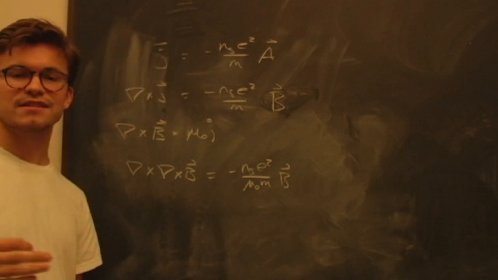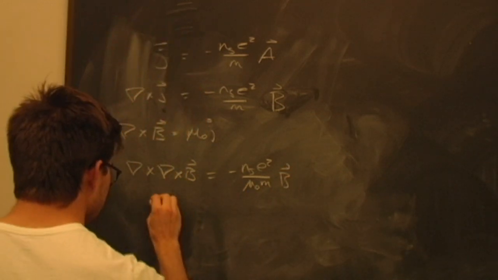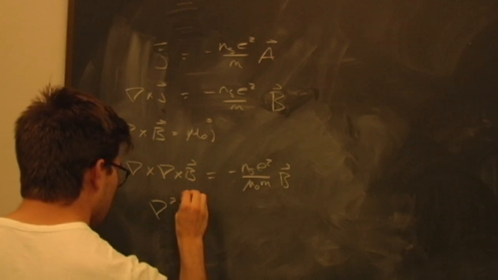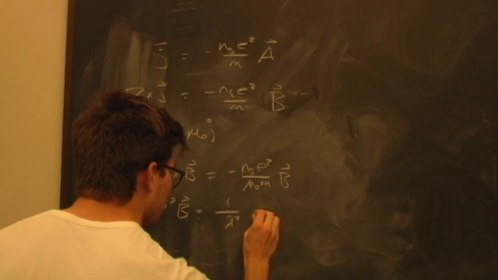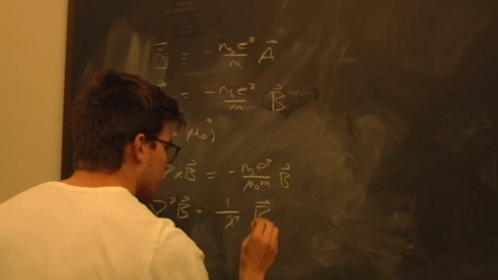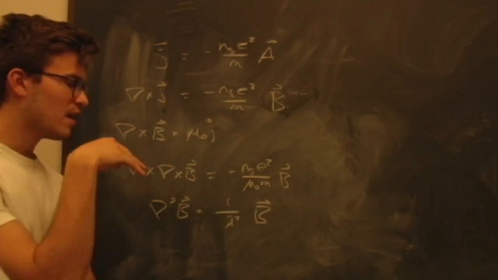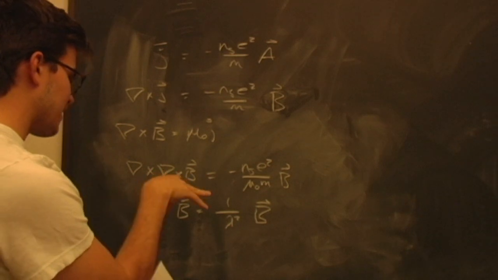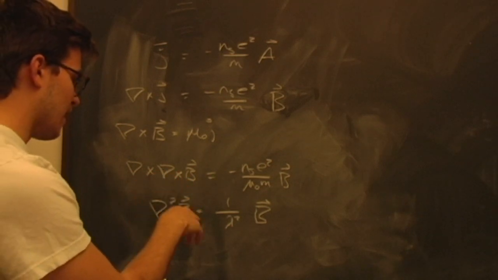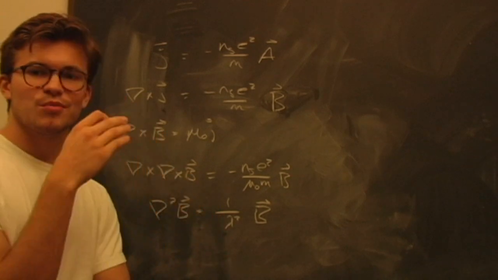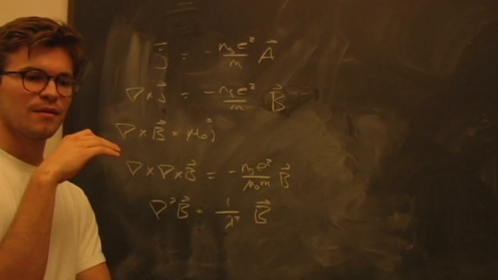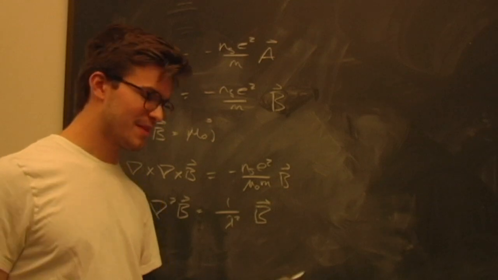So now we're just looking at a differential equation once we clean this up. This is just a differential equation for the magnetic field in the superconductor. We have this new variable, lambda squared, which is pretty important. It's the London penetration depth.